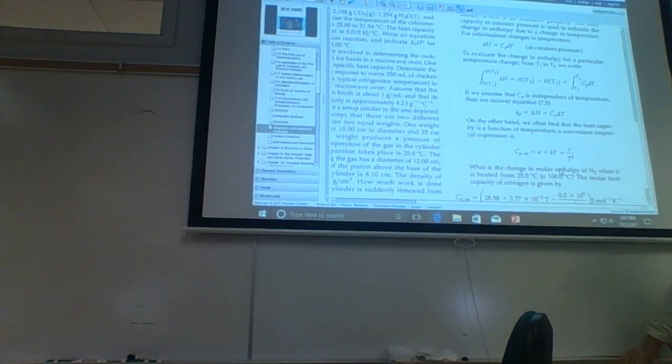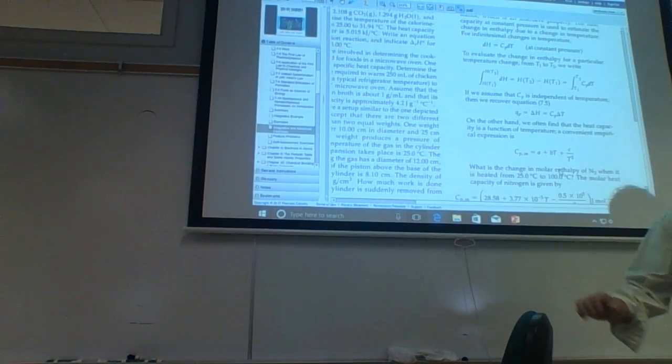A while back, we were talking about the specific heat of water, and what did we say? The specific heat of water is 4.18, and we usually use 4.18 over the entire temperature range. But in reality, 4.18 is only valid at what temperature range? Do you know what temperature range that's valid from?